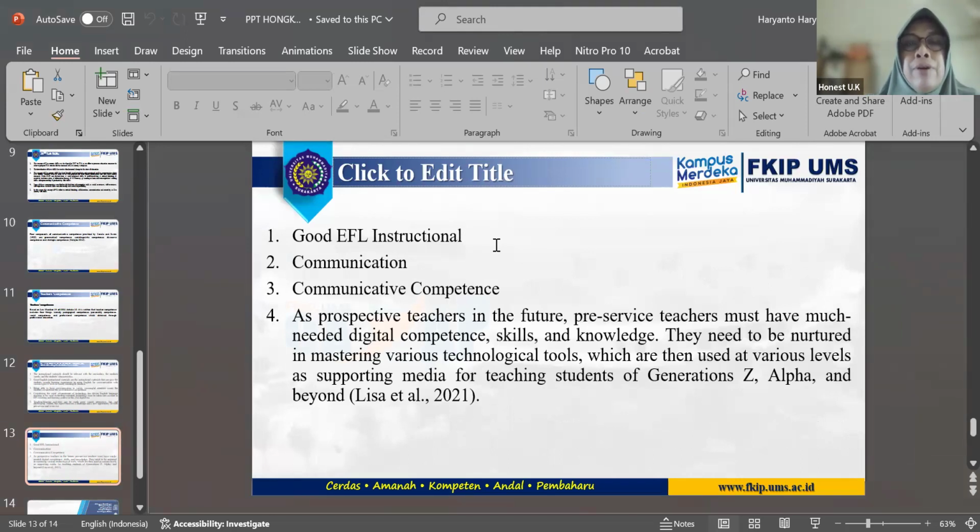Having good EFL instructional material leads to good communication for the students. It also means that when the students have good communication, they are mastering communicative competence in their way of communication.